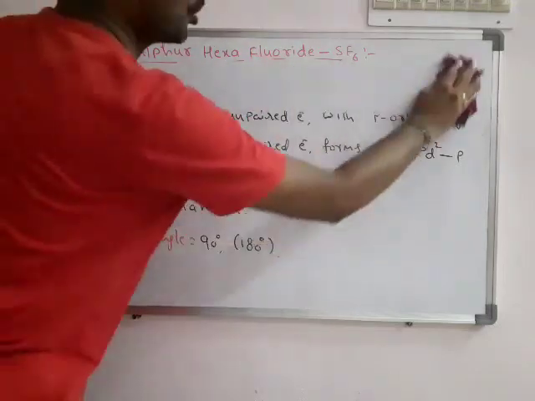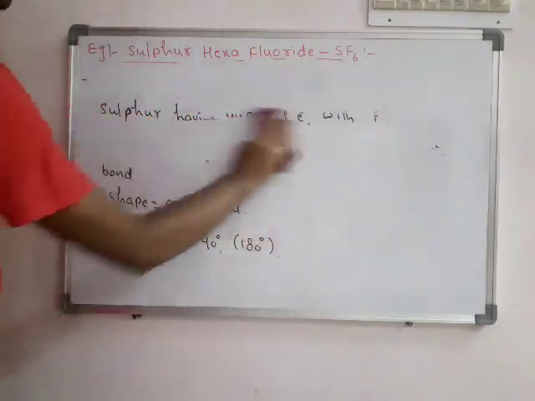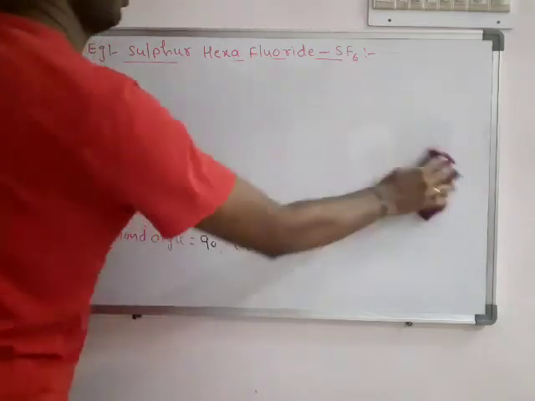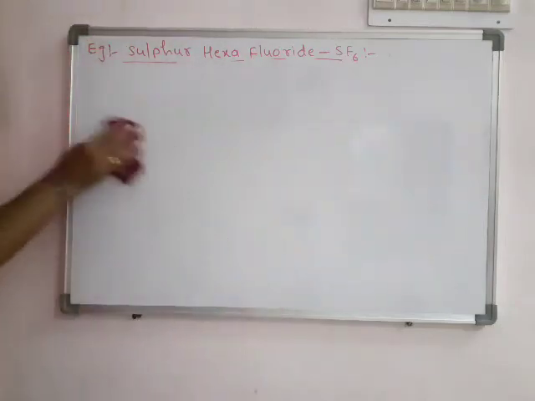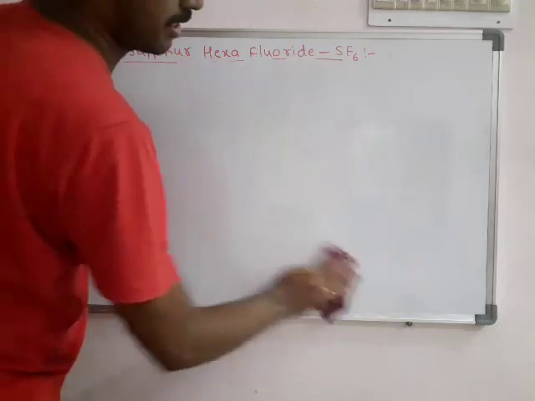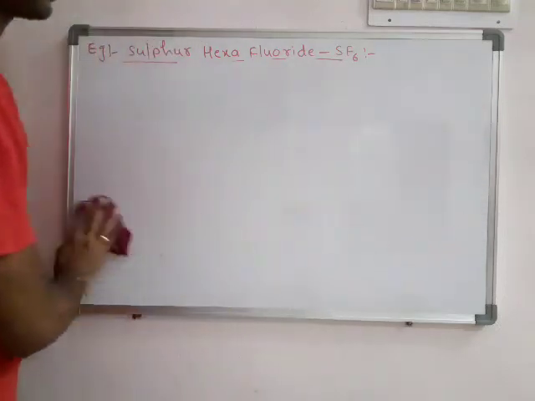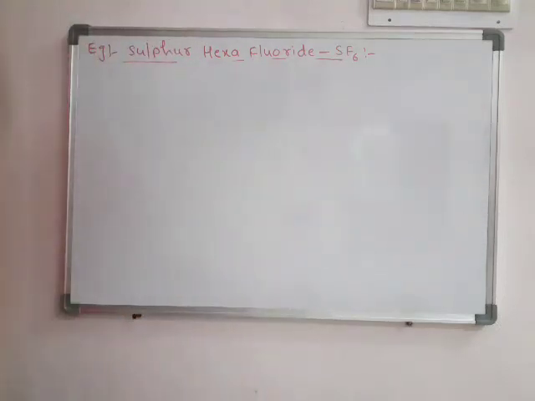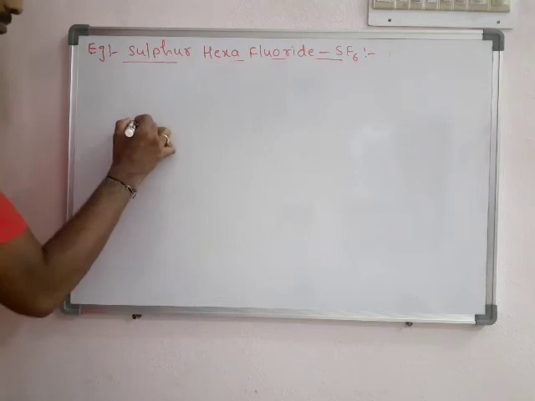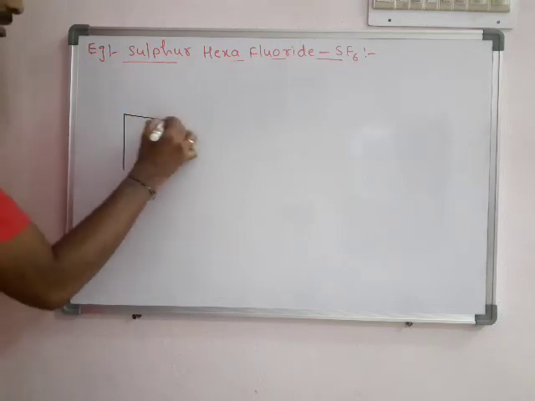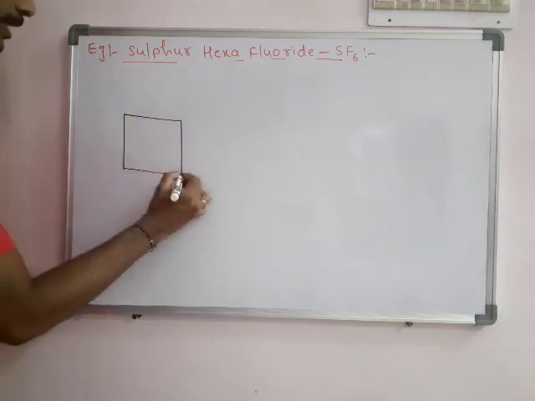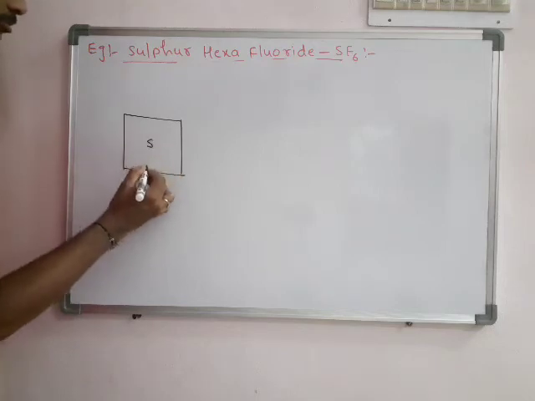Now we see the shape of SF6, and why it is called octahedral even though it has 6 bonds. First I draw the SF6 shape. This is square planar, central atom sulfur.